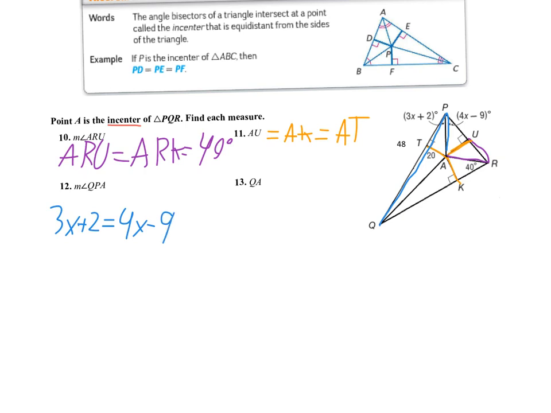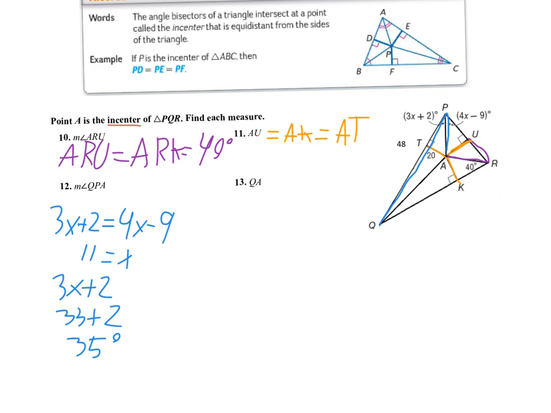To solve for x, we're going to move those x's over. We'll end up with x there. Move that 9 over. We get 11 is equal to x. So find the measurement of angle QPA. QPA is 3x plus 2, which is 33 plus 2, which is 35 degrees.